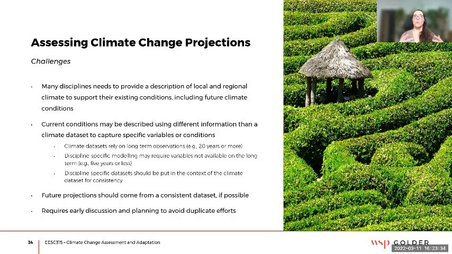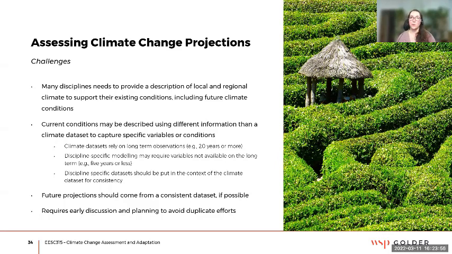So when we look at current conditions under a climate discipline or under the climate resiliency, we're looking at climate data sets over long term, so averages of 20 years or more. Disciplines may require observations or modeling that aren't available on that time scale, and they may be using slightly different stations or slightly different information.